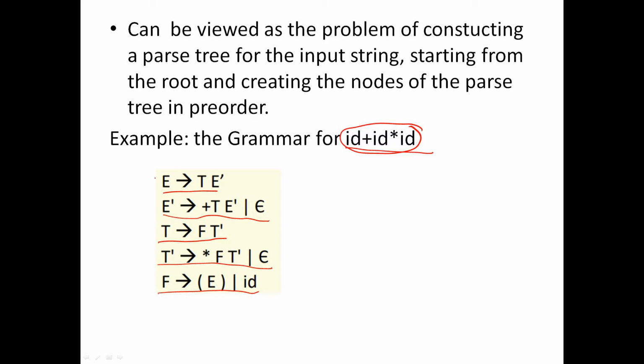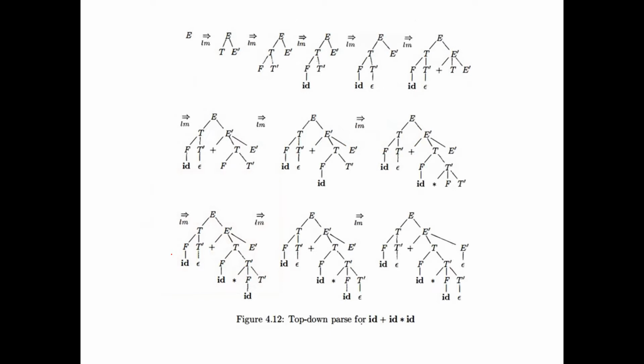For this grammar, the parse tree will be like this. This is the top-down parse tree for the given expression id plus id into id. I am taking the E expression. E may be T E dash.